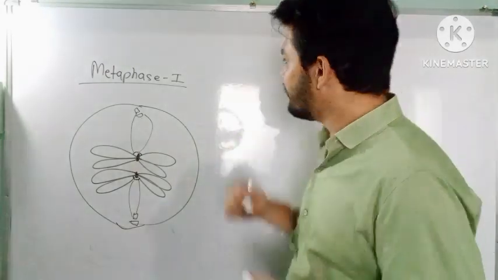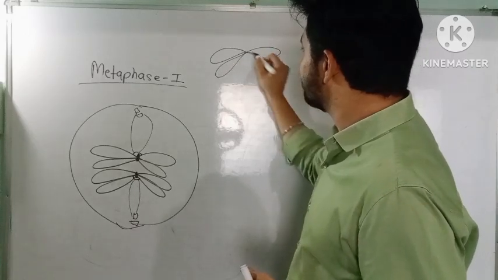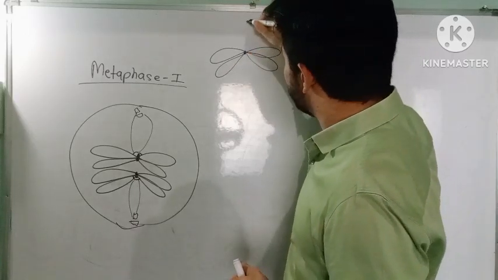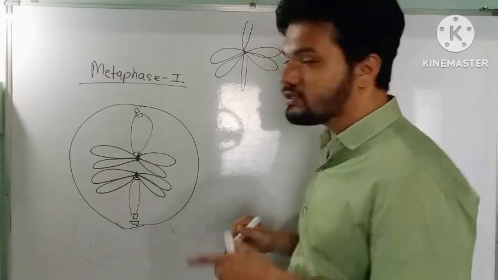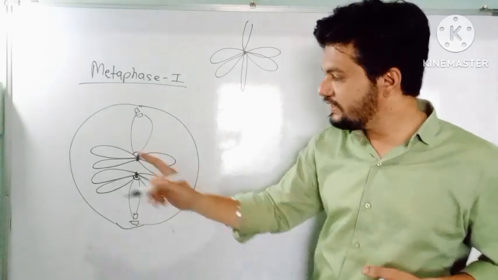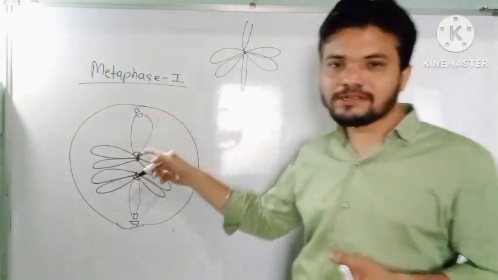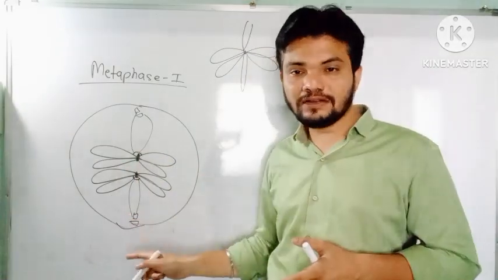What happened in mitosis? The spindle fibers were attached from both sides of the same chromosome to the sister chromatids, but here the spindle fibers are going to attach only from one side because there is another chromosome.